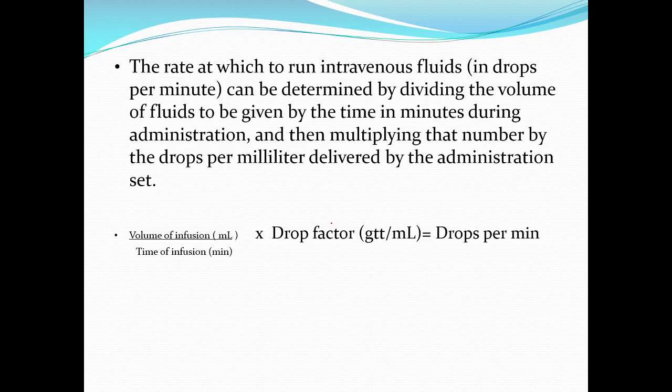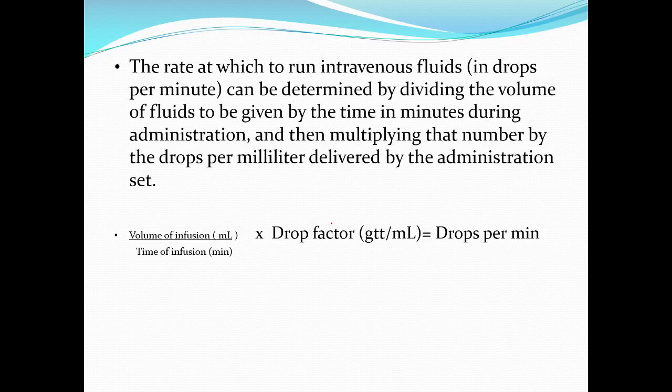In order to do that, we need to understand how many drops are in each milliliter based on what administration set that we use. Administration sets basically come in 2 or 3 sizes. There's basically a big one and a small one. The micro drip set, they're tiny little drops, and it takes 60 of them to fill up a whole milliliter.